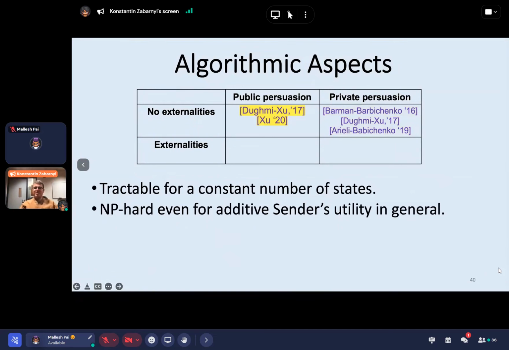Now, for public persuasion without externalities, it's intractable in general, even for additive sender's utility, but it's tractable for a constant number of states.